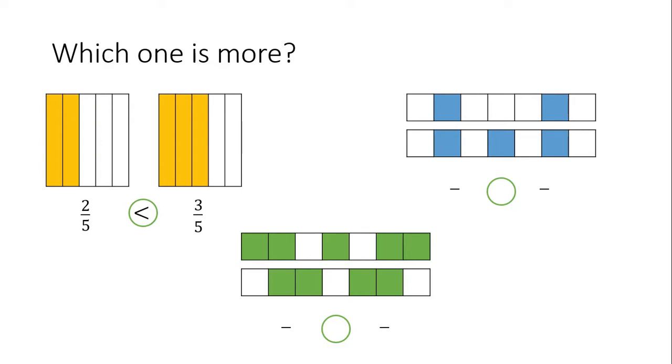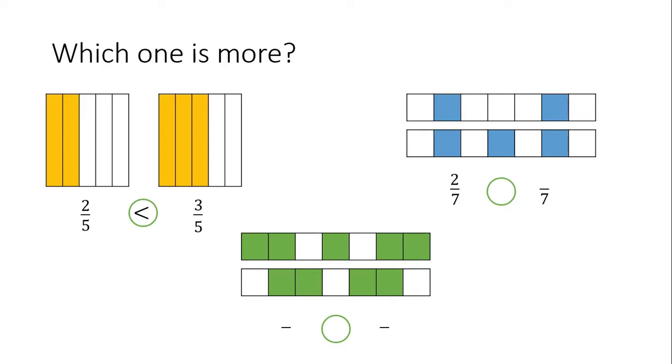Okay, let's look on the right with the blue rectangles. How many equal pieces is it divided into? Let's count. 1, 2, 3, 4, 5, 6, 7. They're both divided into 7 equal pieces. So let's put 7 as the denominator. What about the numerator? The one on the top has 2 shaded in, so 2.